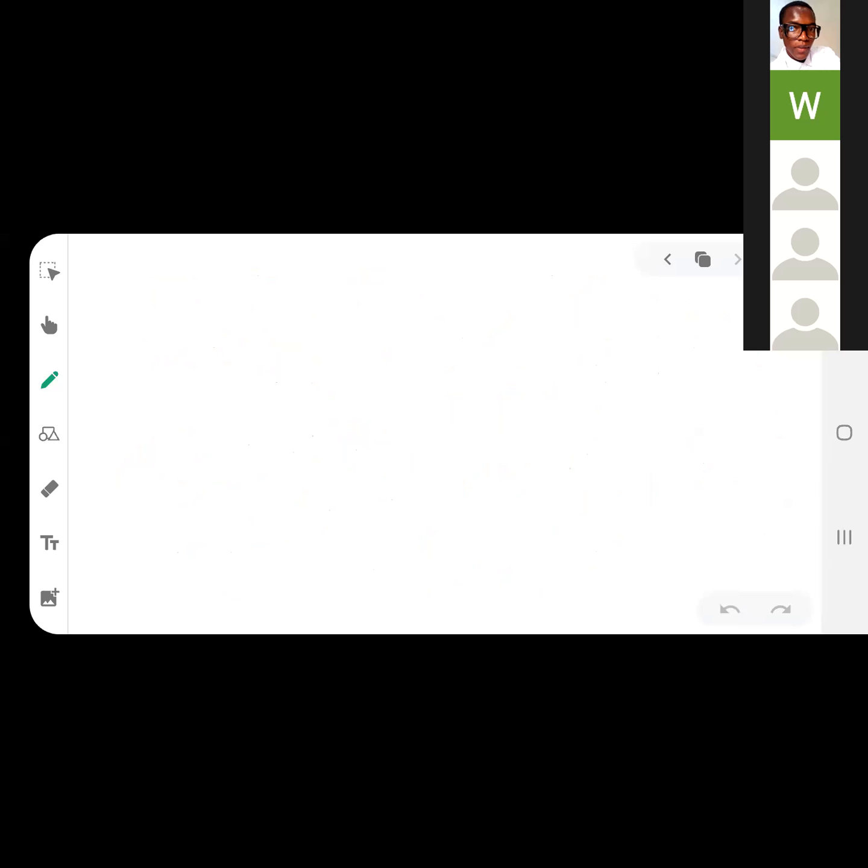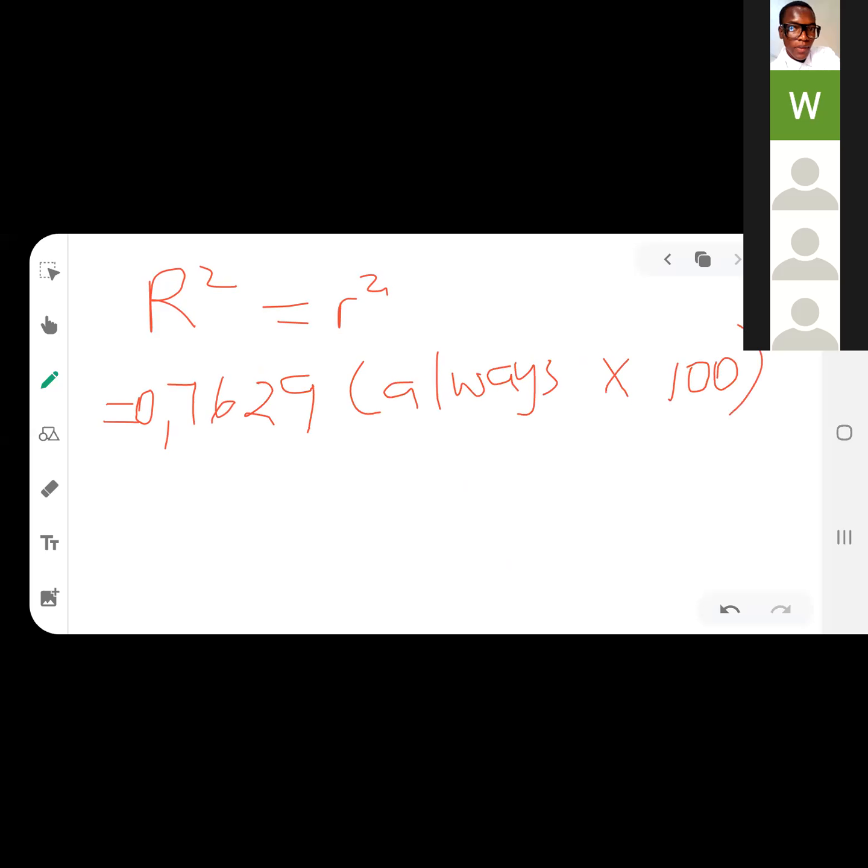So the interpretation of the R squared, which is the coefficient of determination. Let's say you get 0.7629. Make sure you always multiply that answer by 100 because we need a percentage. With this one, you make your interpretations using percentages.